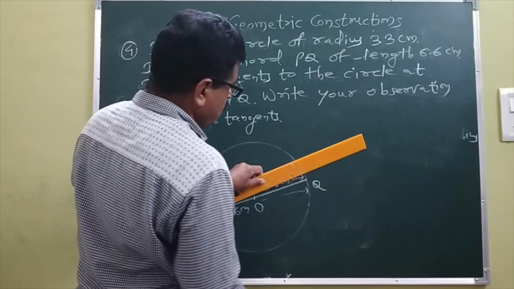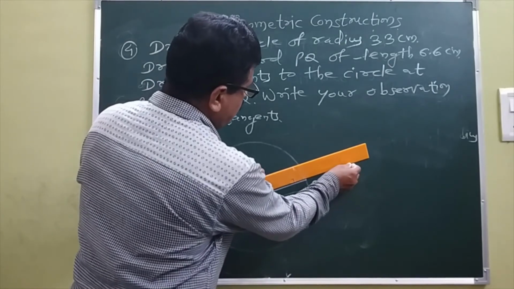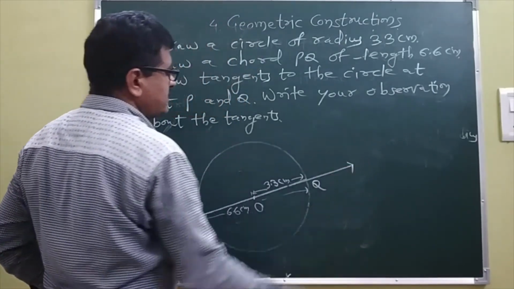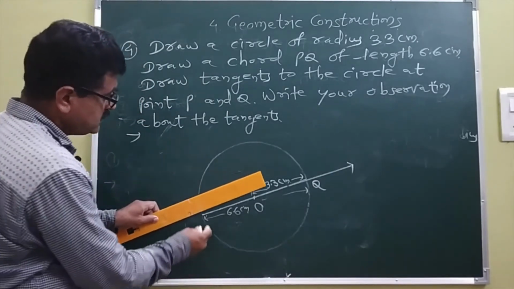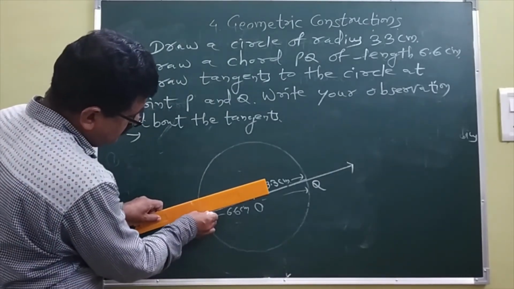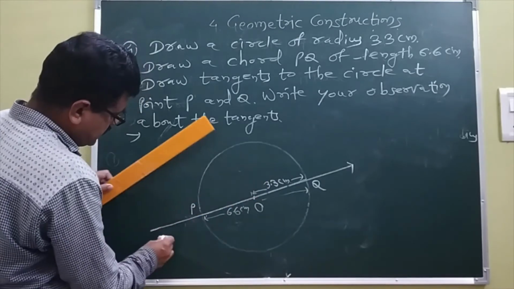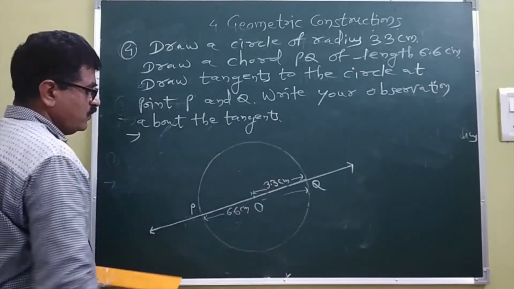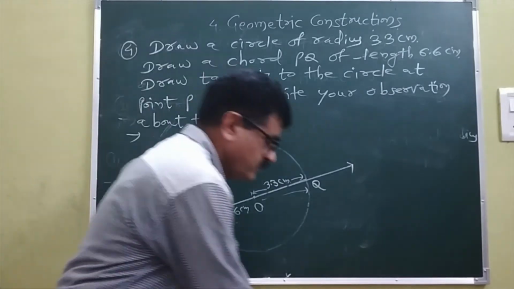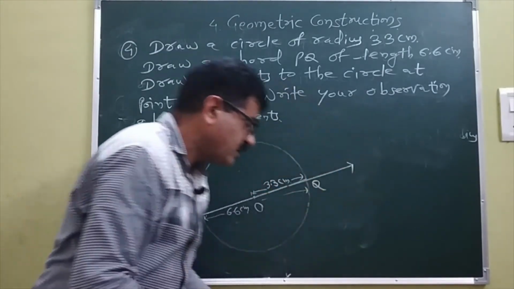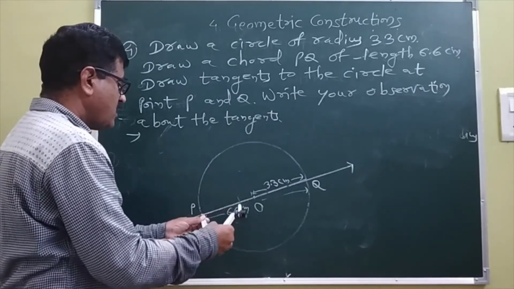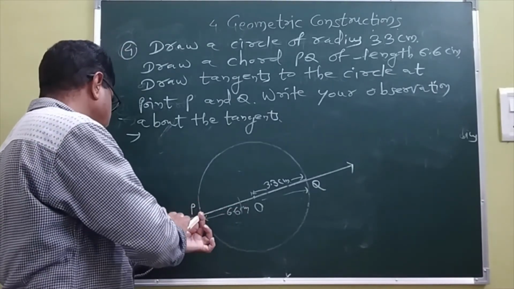Now we know how to construct tangents. Extend these rays on both sides, that is ray OP and ray OQ, like this. Now keep one point of the compass at point P and draw arcs on both sides.